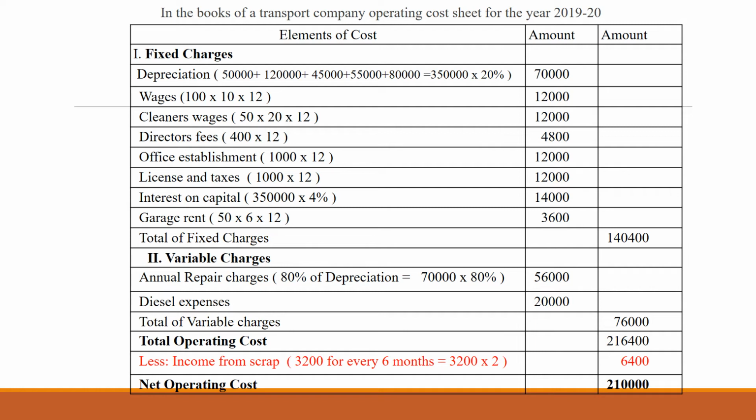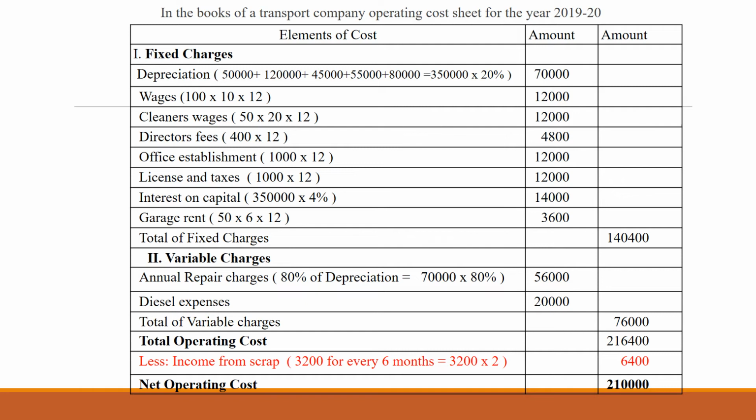In the previous problem, they gave the life in kilometers. So when the taxi moves or runs, the depreciation charges will be calculated. If it is not running, then no depreciation. So it is based on the running kilometers, so it is taken as a variable charge. Now they have given a fixed rate of depreciation, so we are taking it as fixed charges.